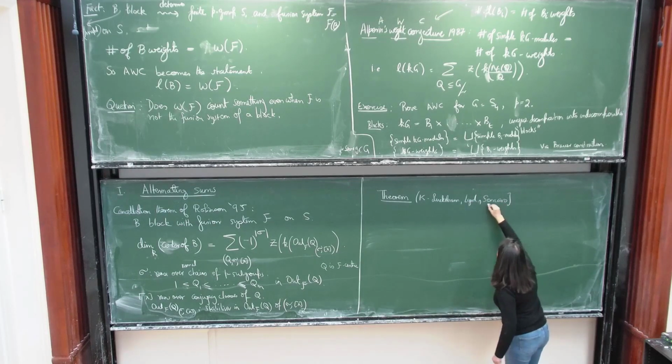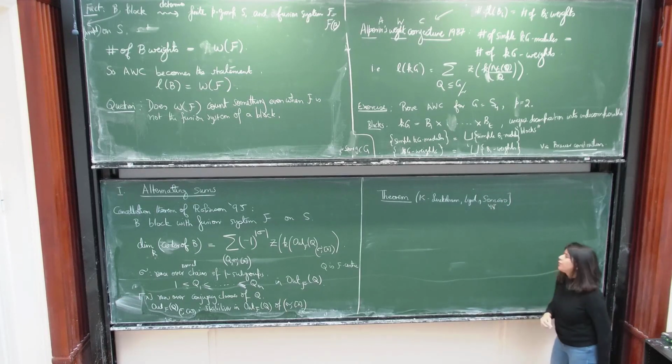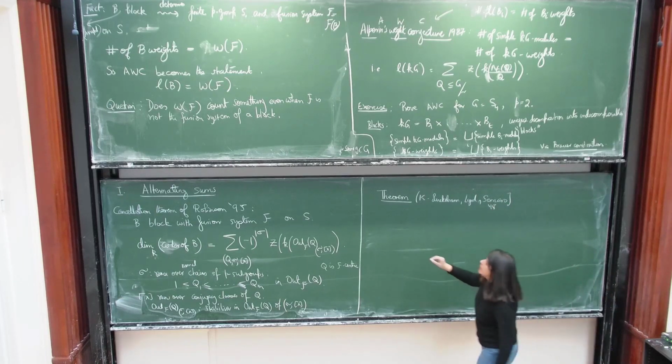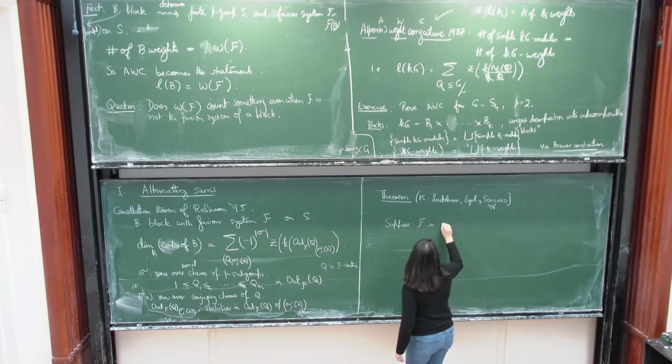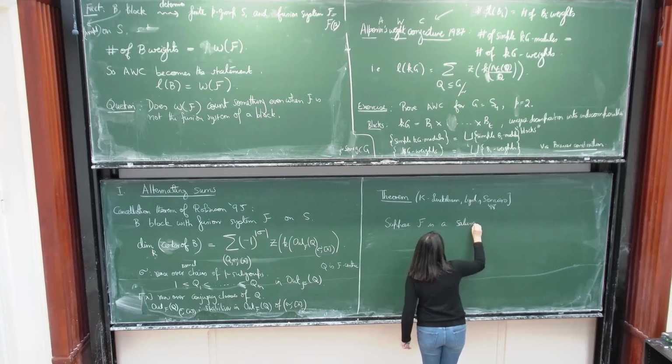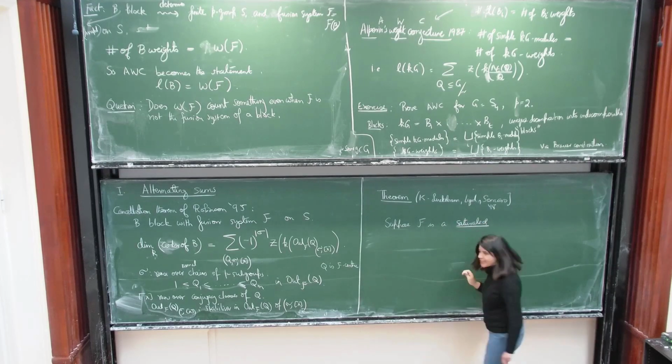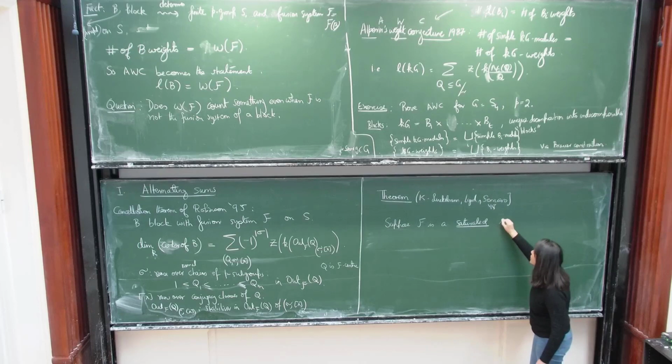It's from quite four or five years ago now, and it says, suppose F is saturated. I have not explained this, but all the things that I'm interested in are these special types of fusion systems.